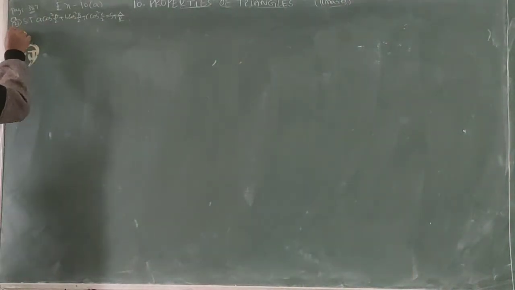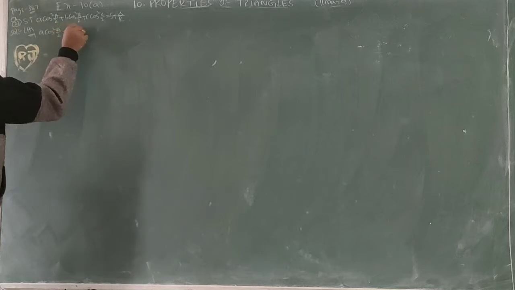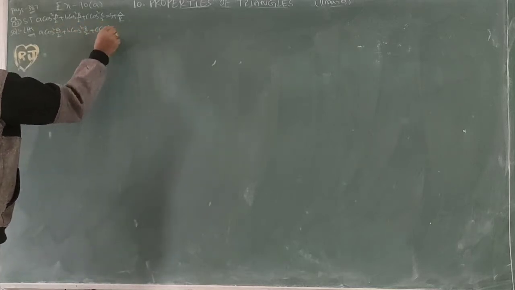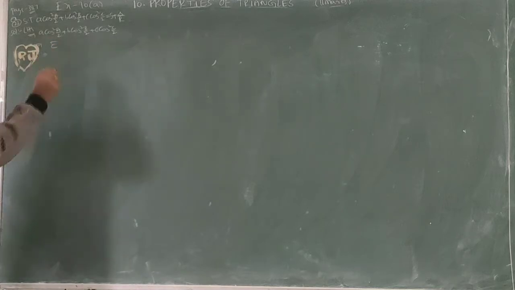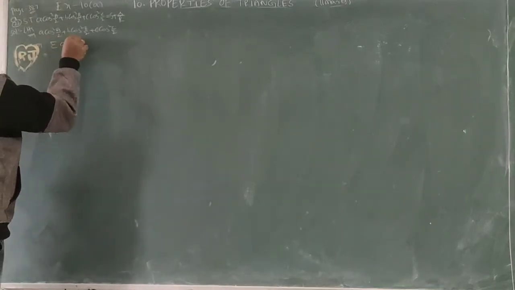Proof or solution. I am taking the LHS: a cos² (A/2) plus b cos² (B/2) plus c cos² (C/2). Simply I am writing it as sigma a cos² (A/2), the sum of each term followed by the next term.